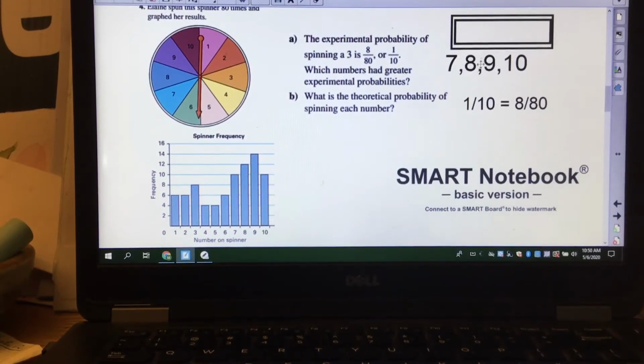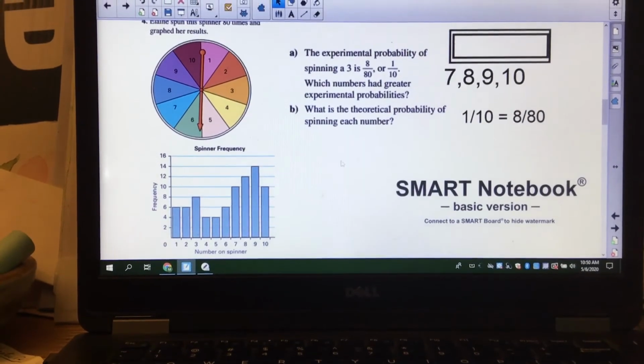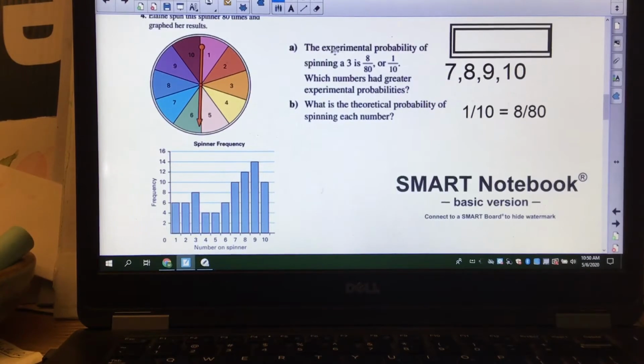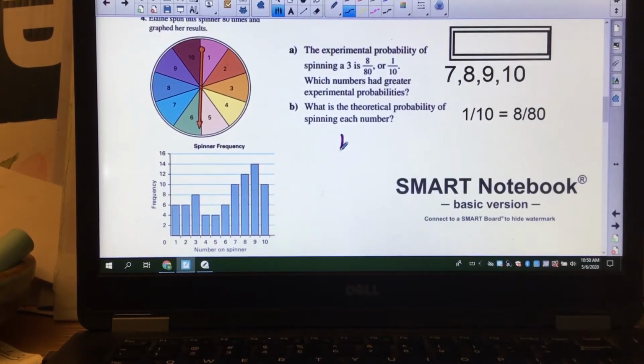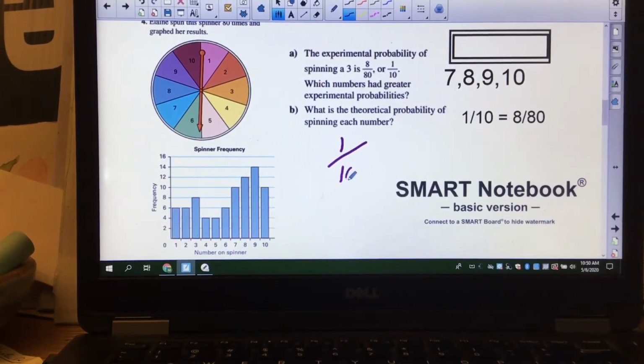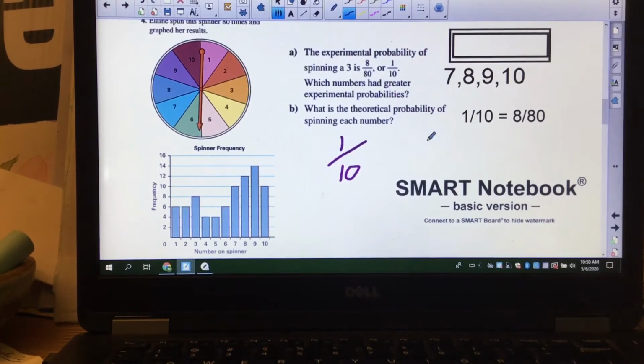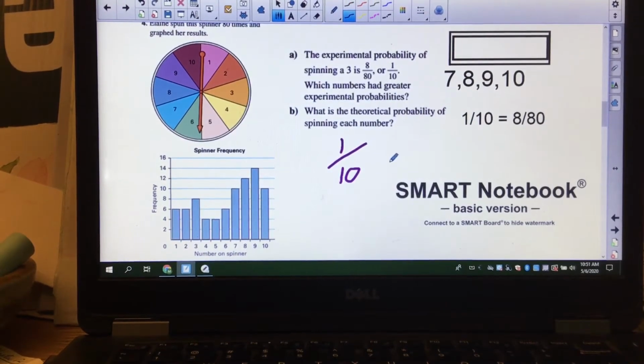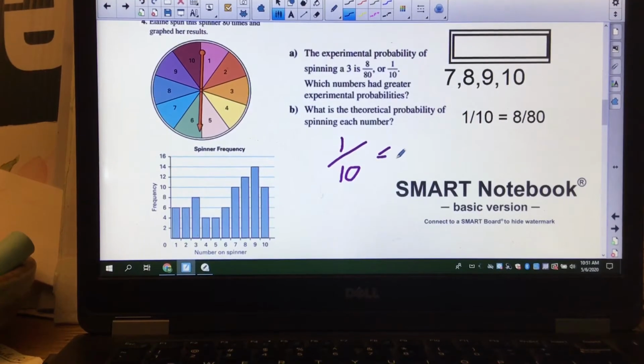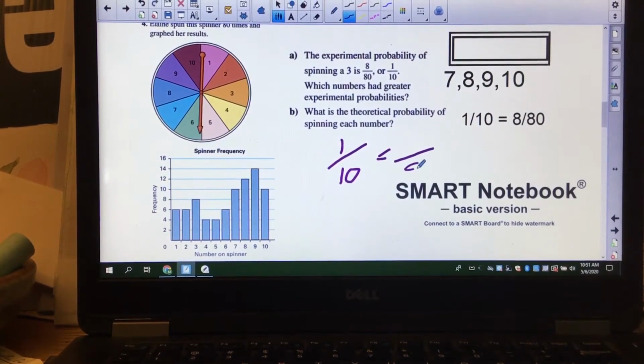In terms of probability, they don't do a good job of scaffolding how this should look. If I have a probability of 1 out of 10, but I'm doing 80 tries, do you remember doing these?